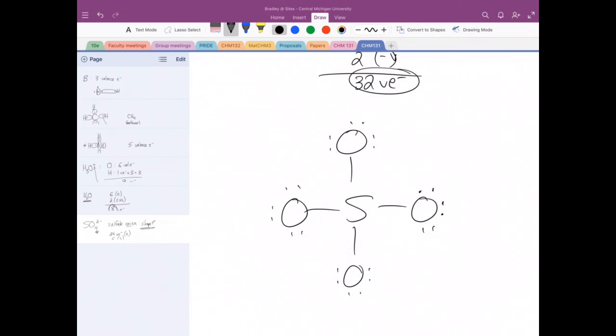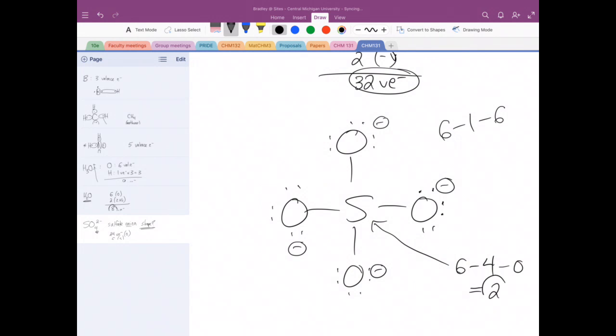So you've got 6 for its valence minus 1 bond emanating from it, and then another 6 dots around it. So each of these oxygens will be a -1 as far as formal charge. So what does that make the sulfur? It's 6 minus 4 bonds, and you don't have any lone pairs, so that gives it a 2, right? So again, it has to be plus or minus 1, no more.